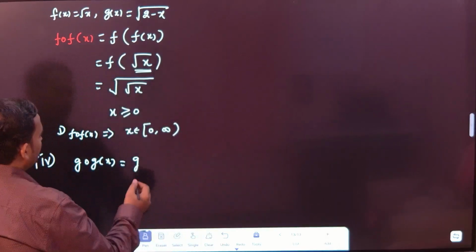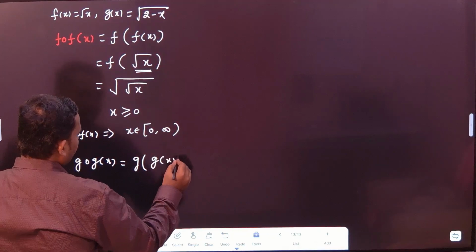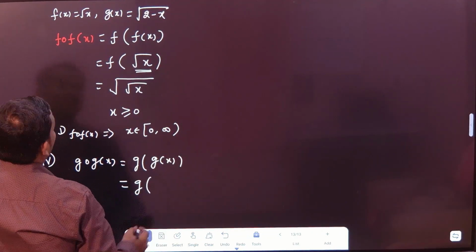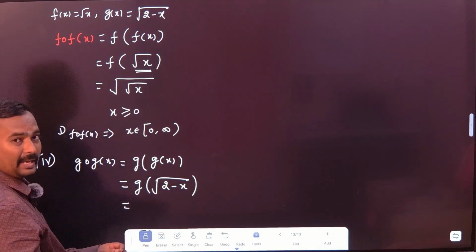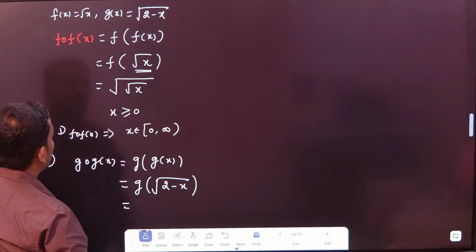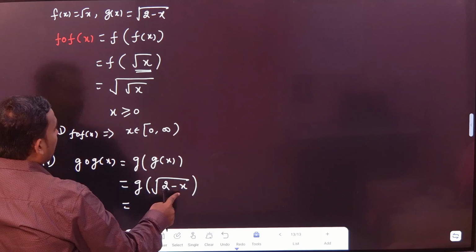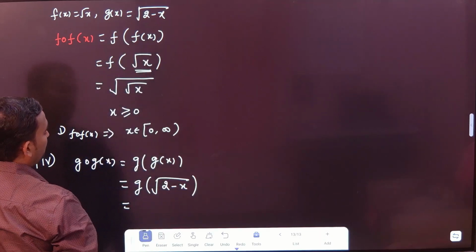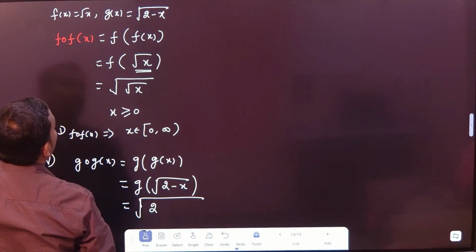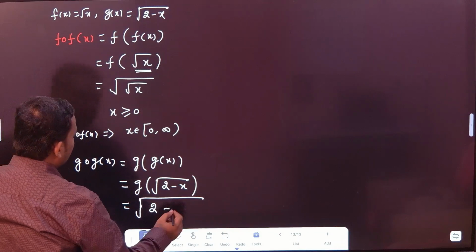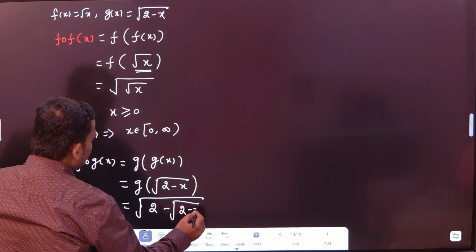What is g of x? Square root of 2 minus x. Clear? Now again focus on g of x. You just replace x by square root of 2 minus x. Replace here. What will we get? 2 minus square root of 2 minus x.